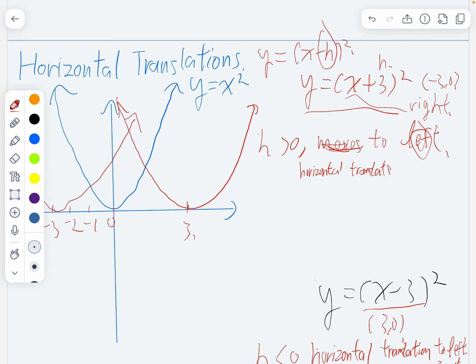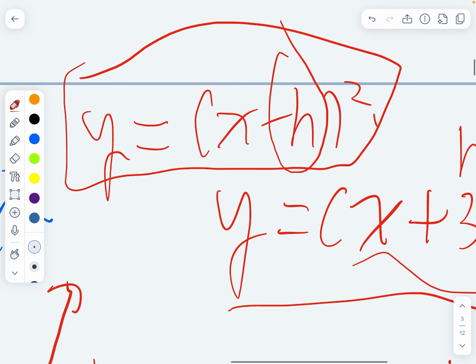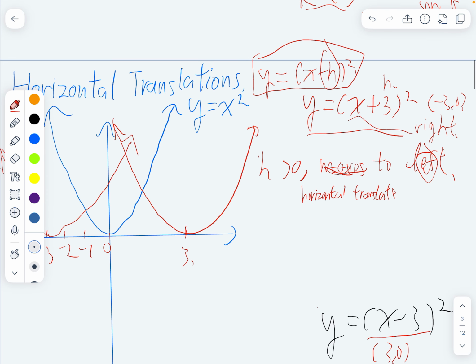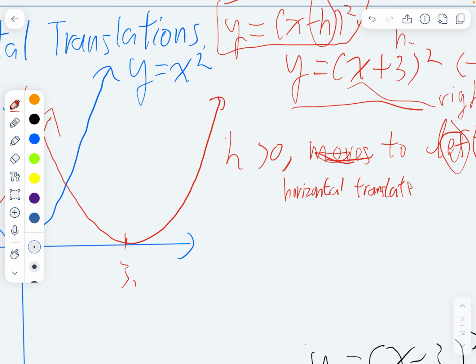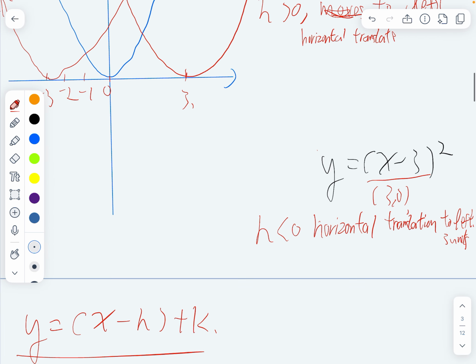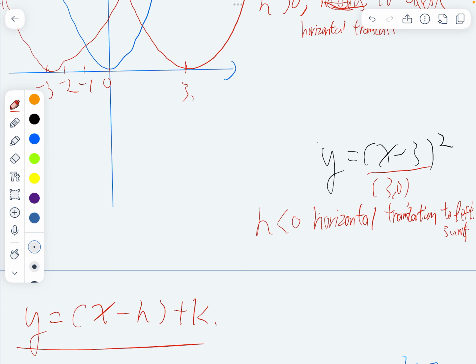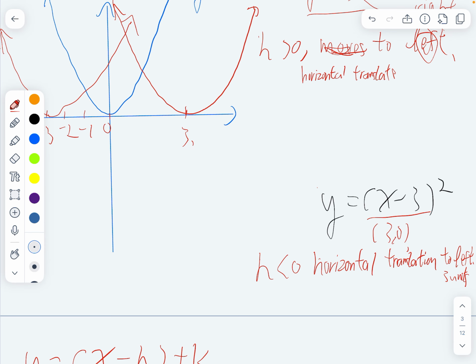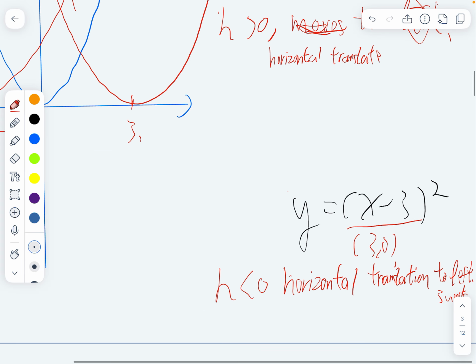Following the general relation, y equals (x minus h) squared. We can write down that when h is greater than 0, the graph moves to the right, or we can describe it as a horizontal translation to the right h units. When h is smaller than 0, for example h is negative 3, it has a horizontal translation to the left side for h units.